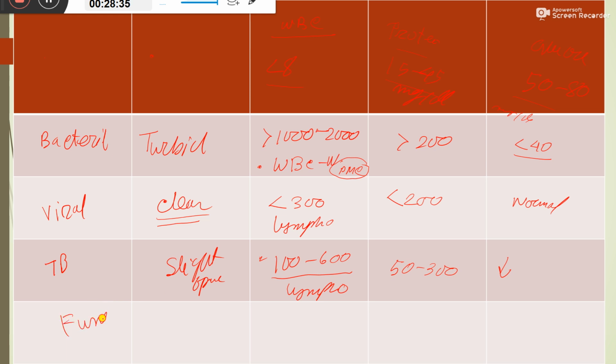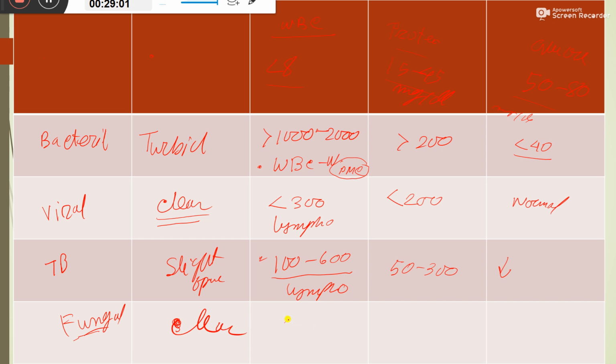In case of fungal meningitis, it is seen in immunocompromised patients like those with diabetes, some blood diseases, and HIV cases. In fungal meningitis the color is more or less clear.